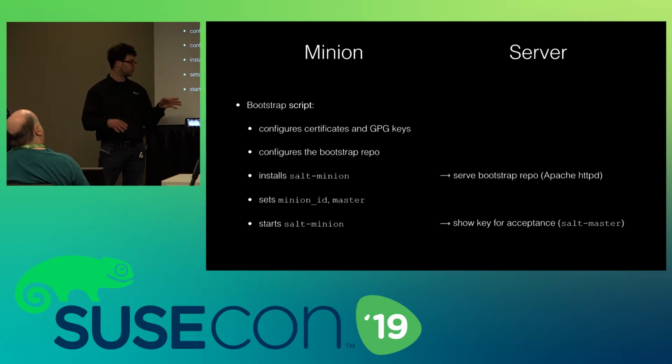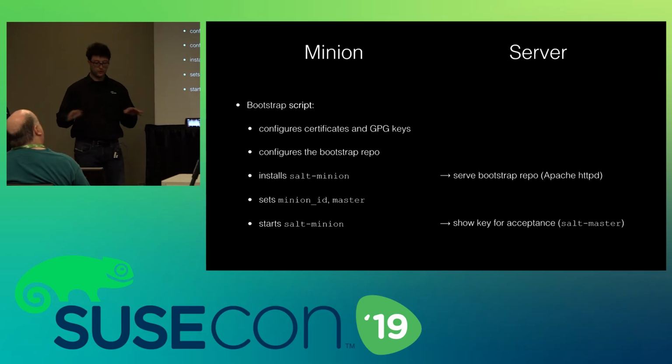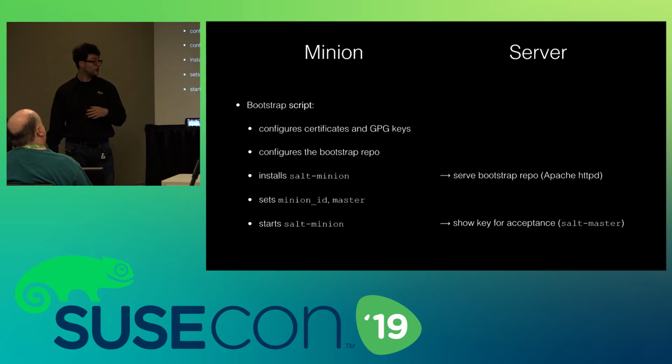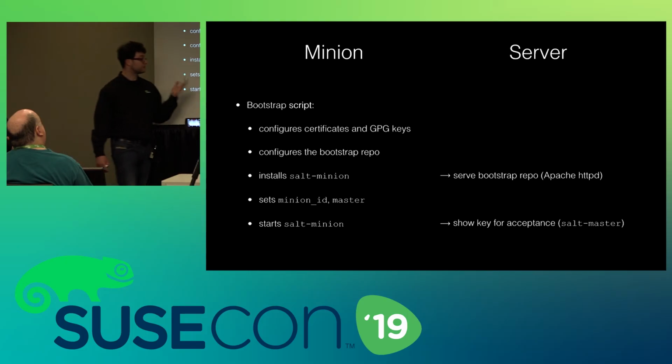Once salt minion is installed, there are a few configuration parameters that need to be changed, in particular minion ID and master. Those are the essential ones. There are others. The bootstrap script takes care of those and starts the salt minion process. What happens on the server side?